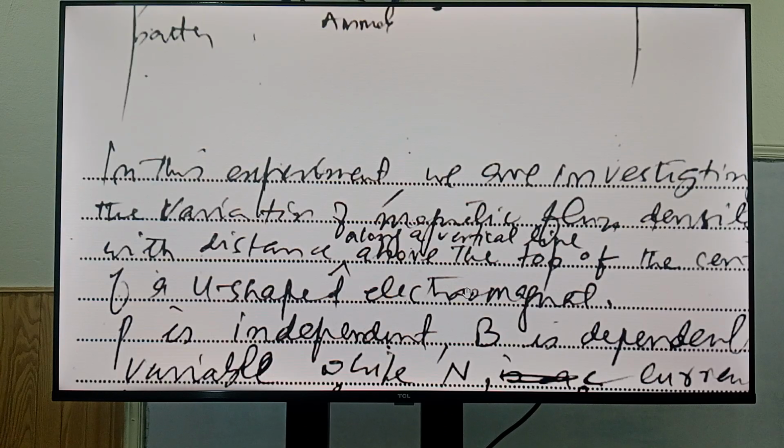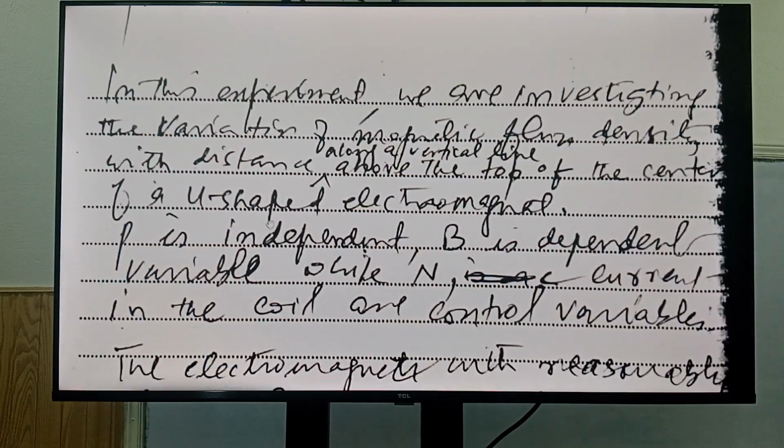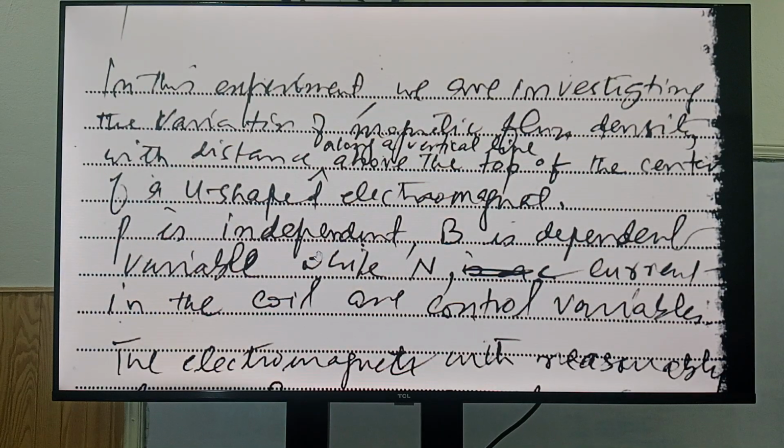So you have described the problem briefly, rephrasing more or less the same words they have given. Side by side, you have mentioned that P is the independent variable, B is the dependent variable, while N, the number of turns in the coil, and current in the coil are both control variables. So you will keep them constant throughout the experiment.